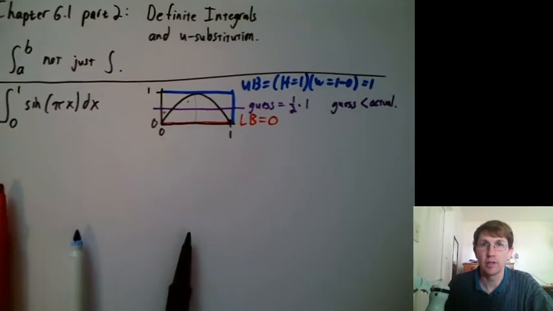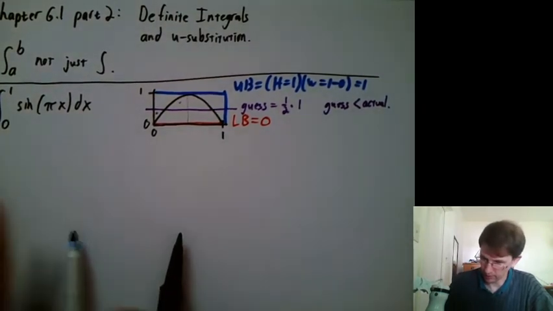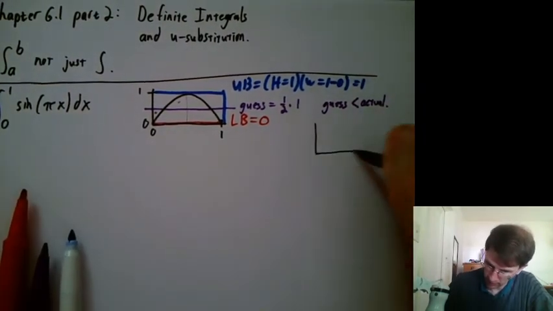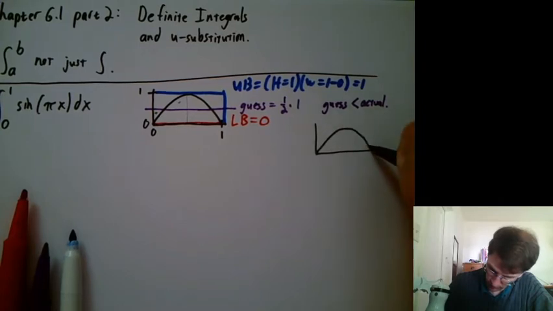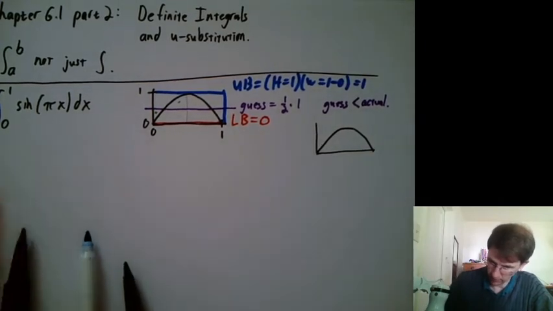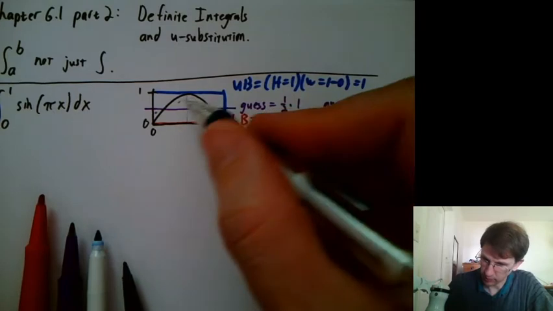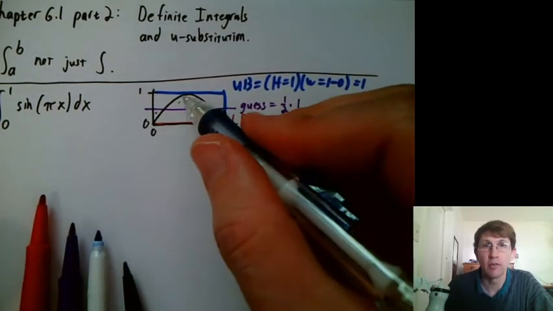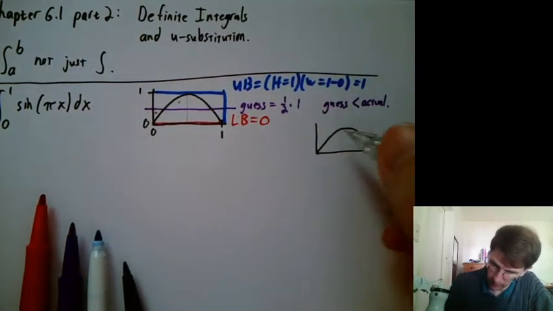Here's an interesting way to see that in another way. Let's redraw the curve. And the guess is dividing that area of the rectangle into two equal parts.